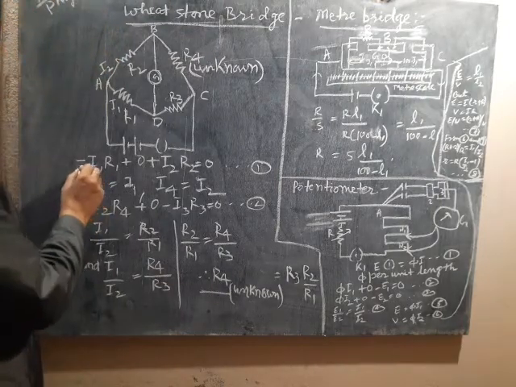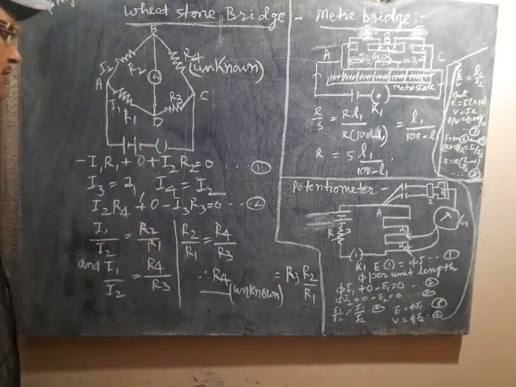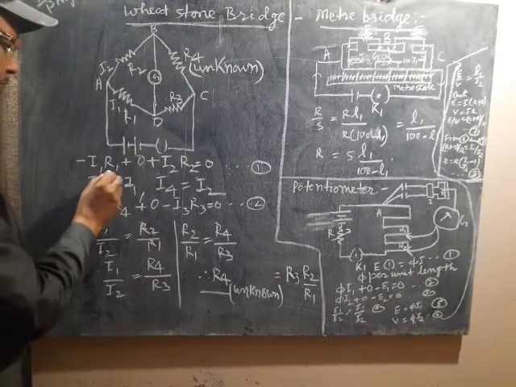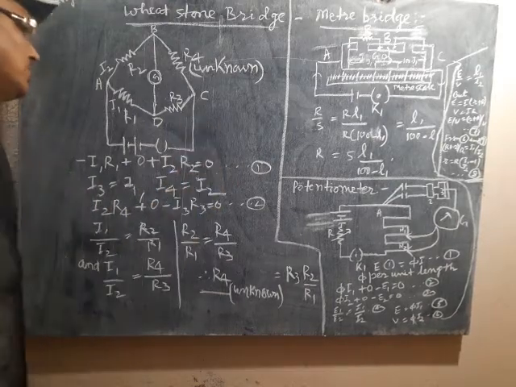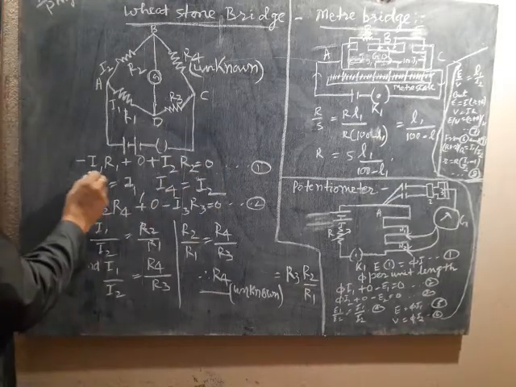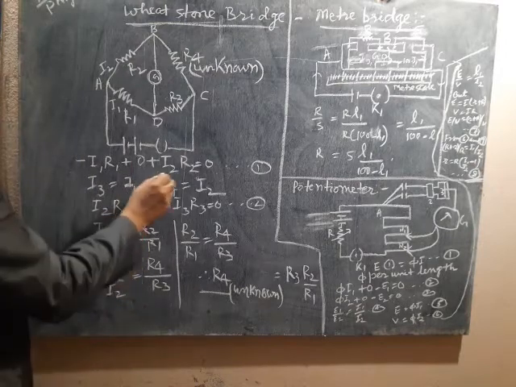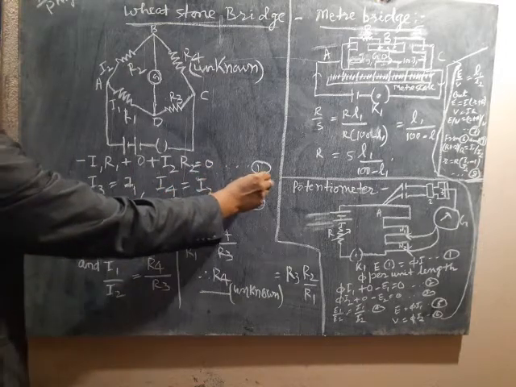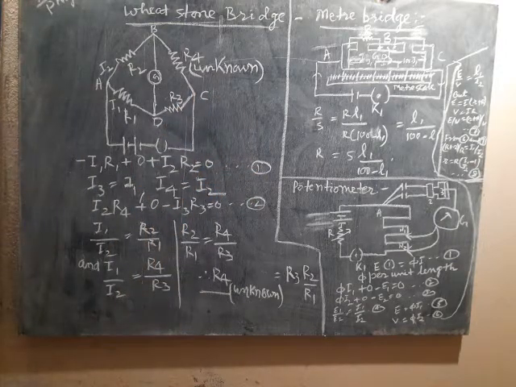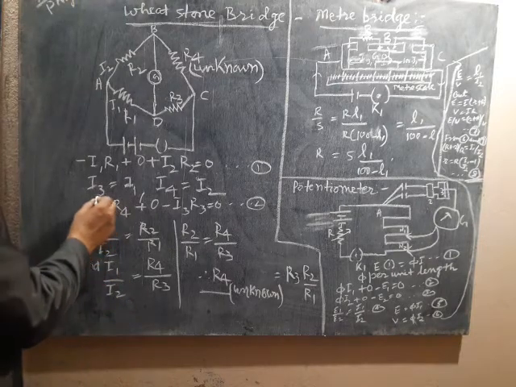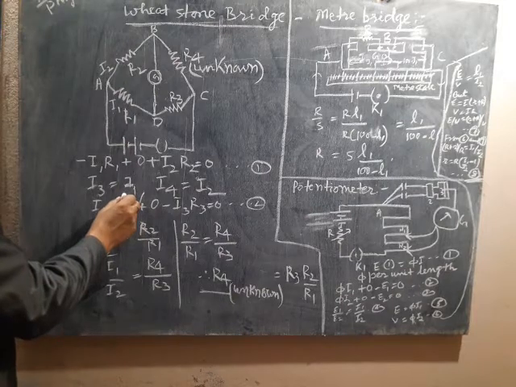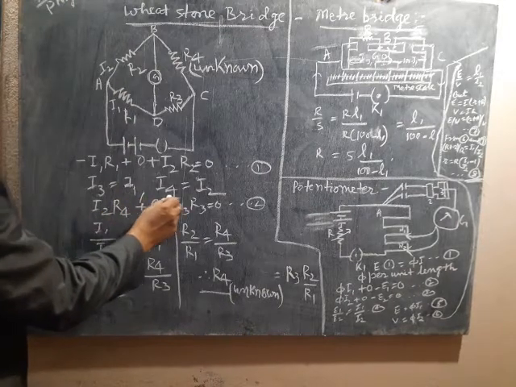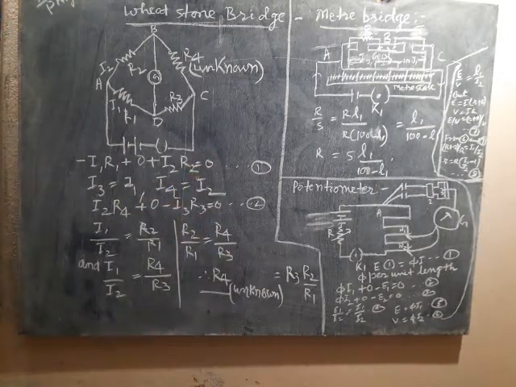Here minus I1 R1 plus 0 plus I2 R2 is equal to 0. That is first. Very simple. And in this case, I3 is equal to I1, and I4 is equal to I2.